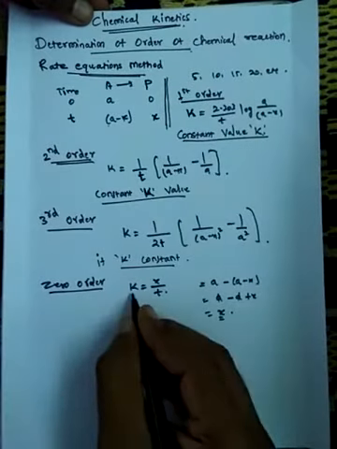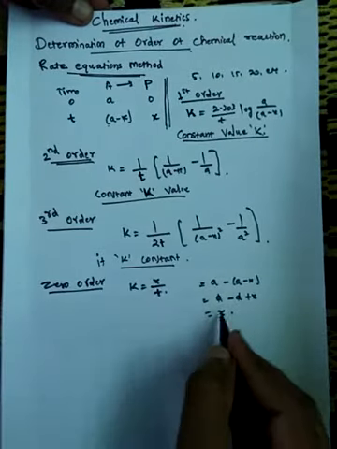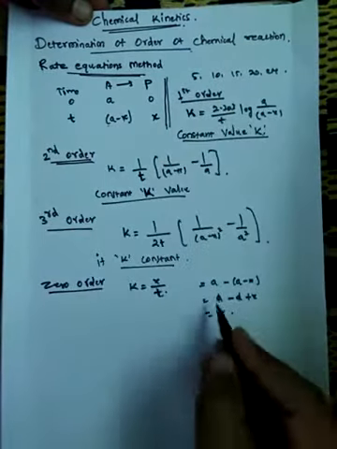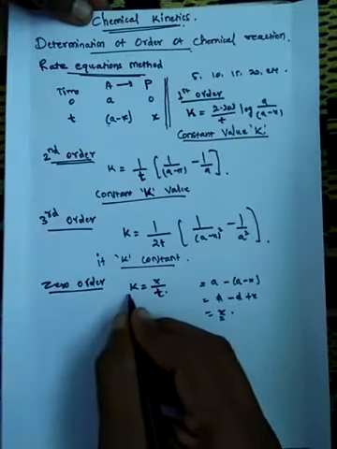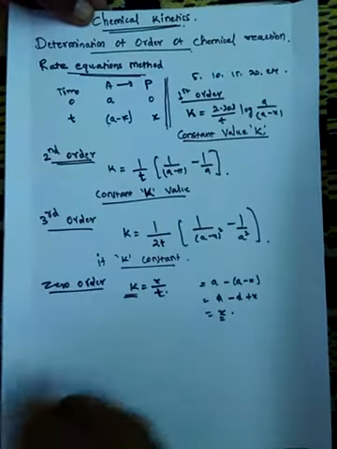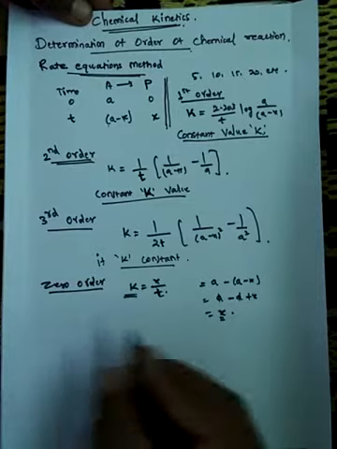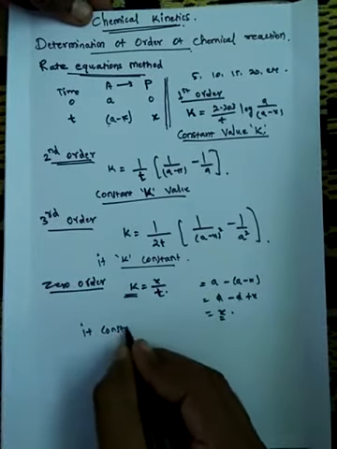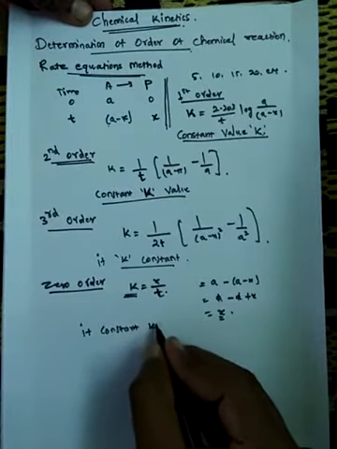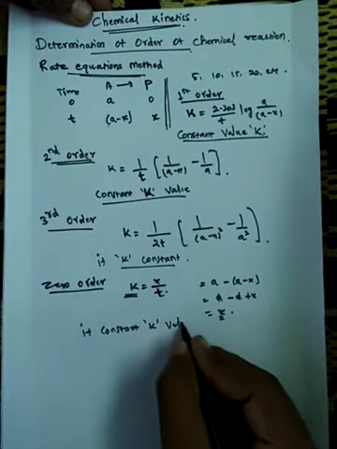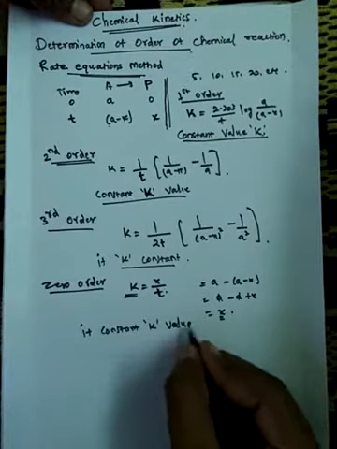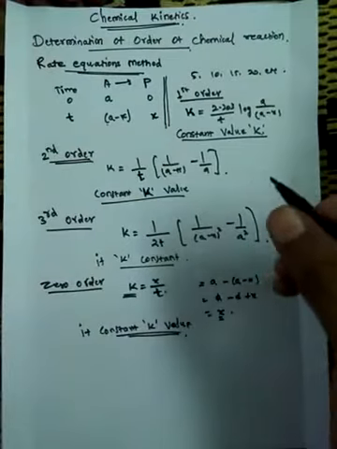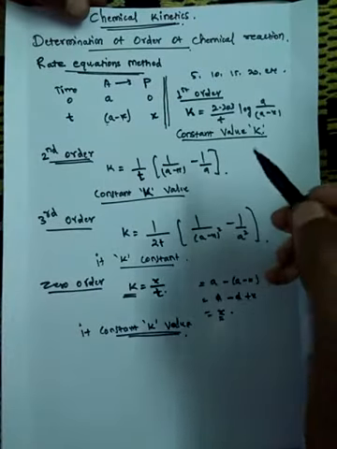So here you substitute at time t the x value, and at various times the x values. If you get a constant k value, then the reaction is zero order reaction, right?